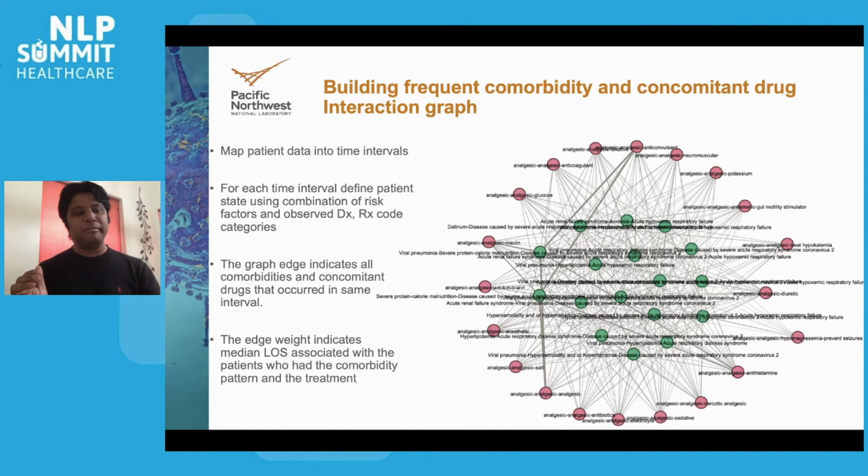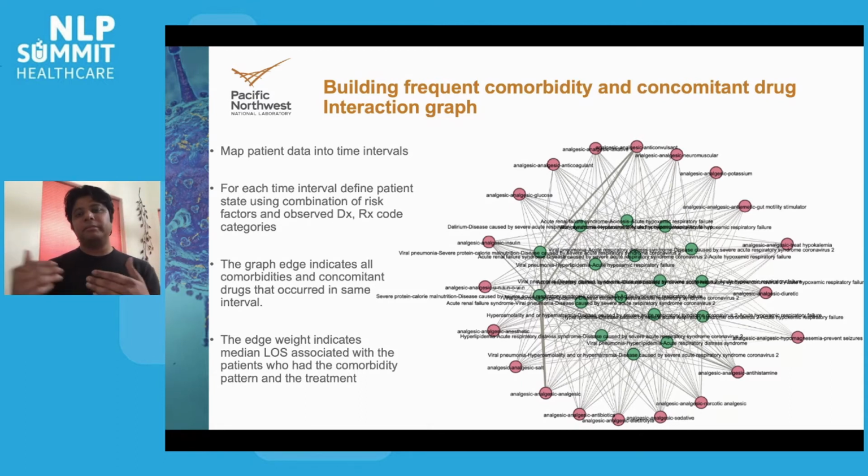Given the way we came up with this graph, we map every patient into a time interval. Whatever drugs a patient was given within a day, we would bring the patient's data into a 12-hour or 24-hour interval. Then we'd be looking at the top frequent sets, using a variation of item set mining like algorithms, what frequent sets emerge in the collection of symptoms or condition codes, and what frequent sets emerge in the collection of the drug codes.